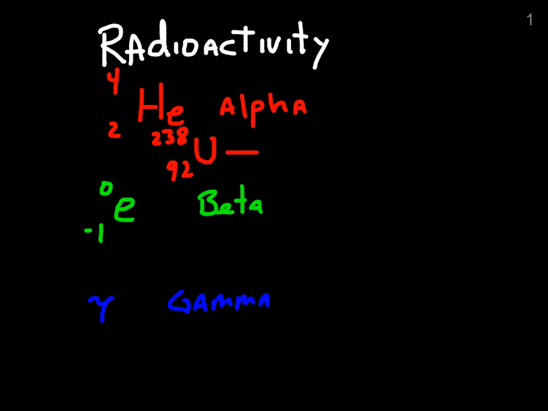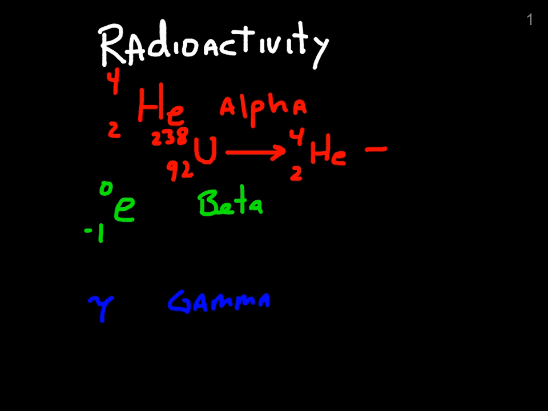And what it does is it gives off an alpha particle, helium, 2, 4, and it's very important, when you're writing down nuclear reactions, that you put the atomic number and the atomic mass in the right places, because it becomes a real simple balancing act.